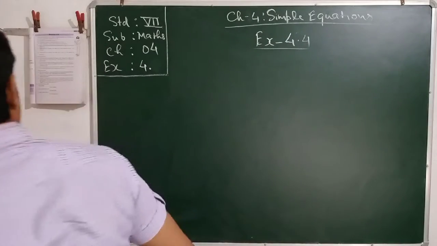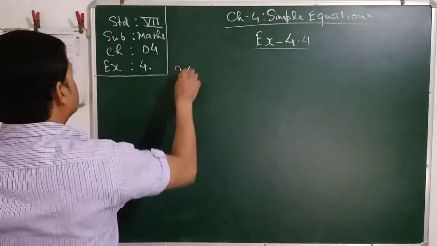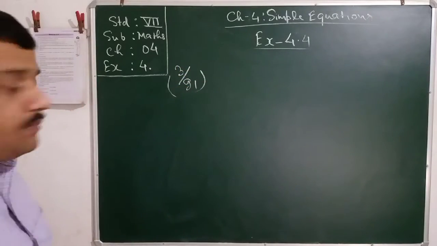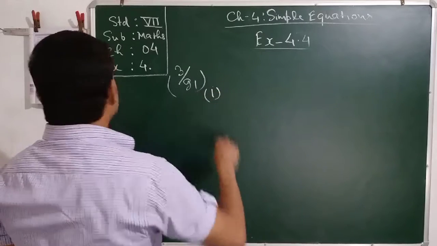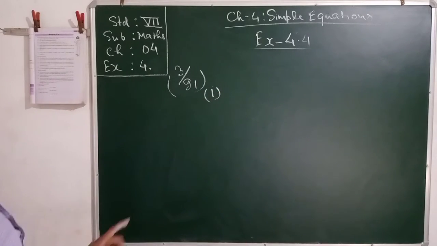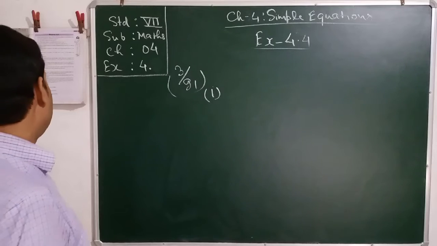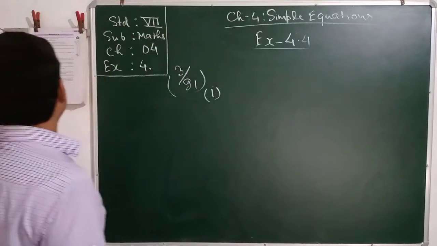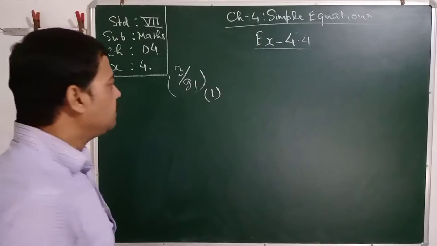In the number 3 sum, page number 91, the first sum is there. Irfan says that he has 7 marbles more than 5 times the marbles Parmeet has. Irfan has 37 marbles. How many marbles does Parmeet have?